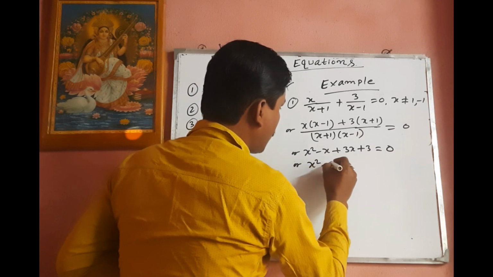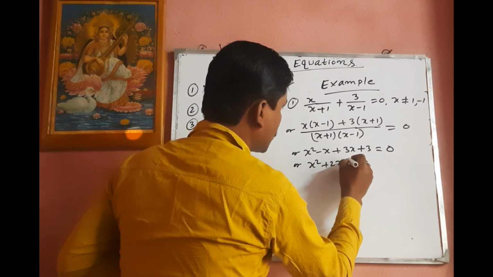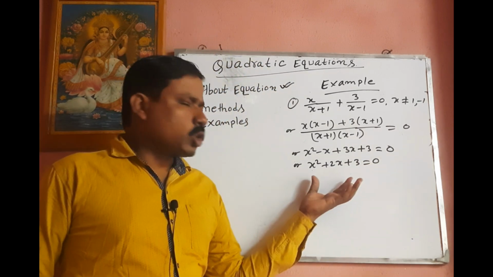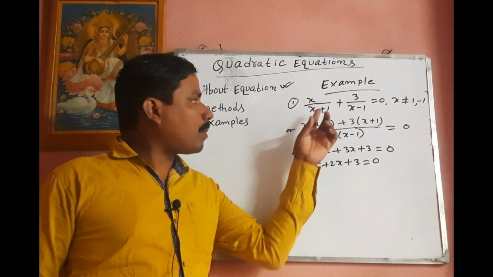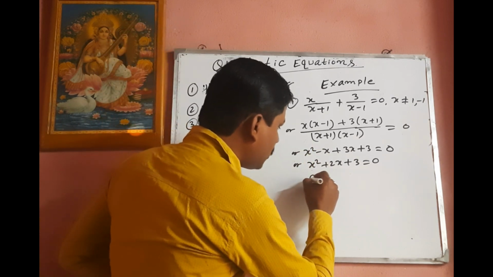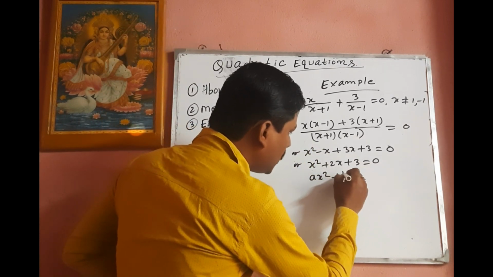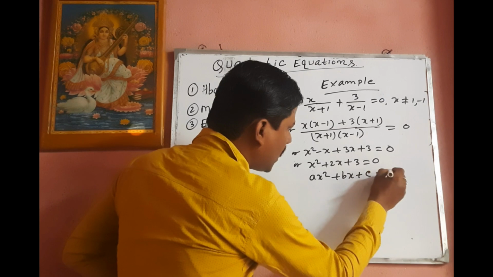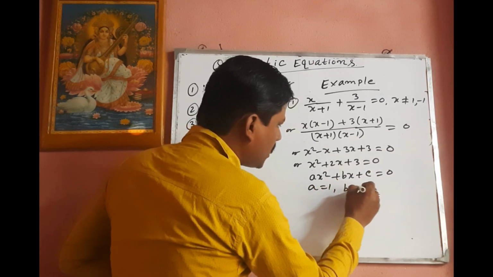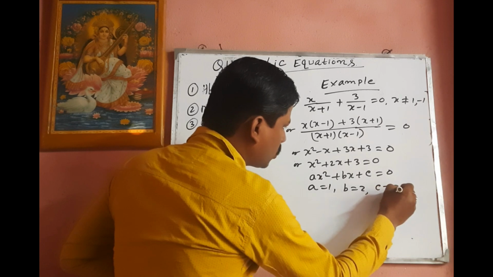So x square plus 2x plus 3 is equal to 0. So this is the standard form of these equations, and this will be compared with x square plus bx plus c is equal to 0, whereas a is equal to 1, b is equal to 2 and c is equal to 3.